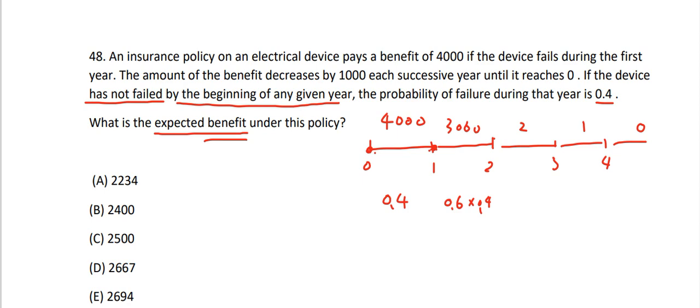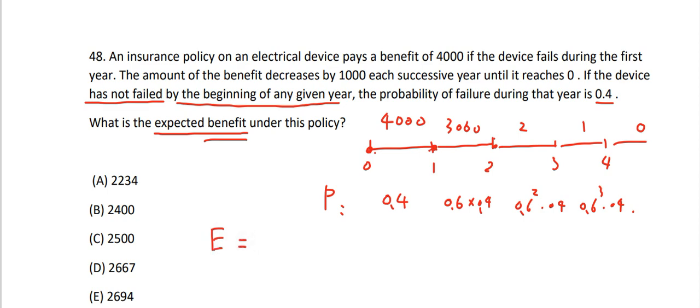And then third year: not fail is 0.6, 0.6, then 0.4. Okay, like this, right? So here 0.6, 0.6, 0.4. So those are the probabilities. Okay, so we can find this expectation easily.